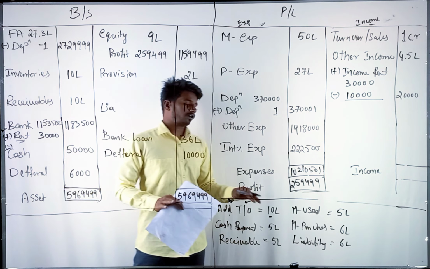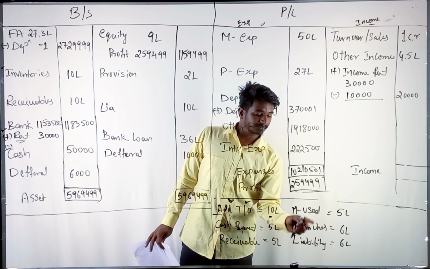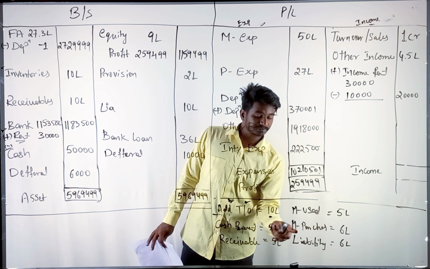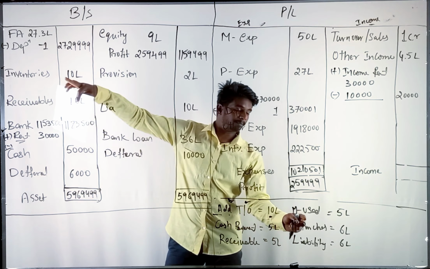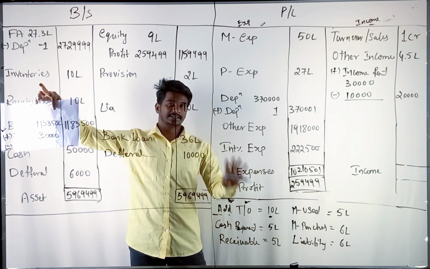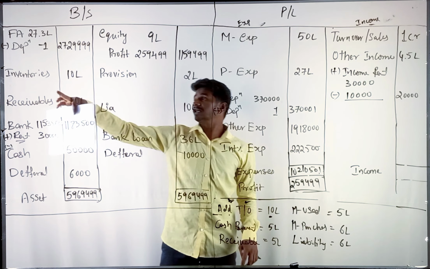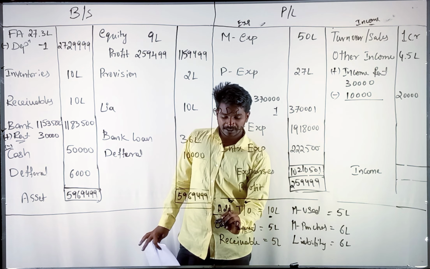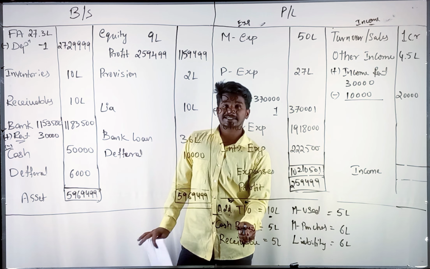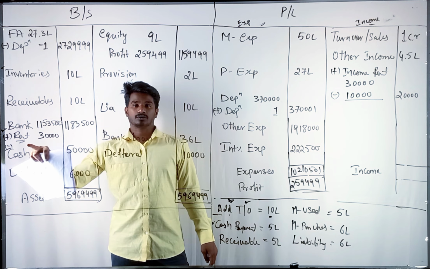Now where and all these transactions will affect? Materials and material used and material purchase is there, right? It will affect the inventories. Materials are inventories, is that correct? Yes. These two will affect inventories. Fine. Then whatever the cash we have received, correct, that will affect the bank account.